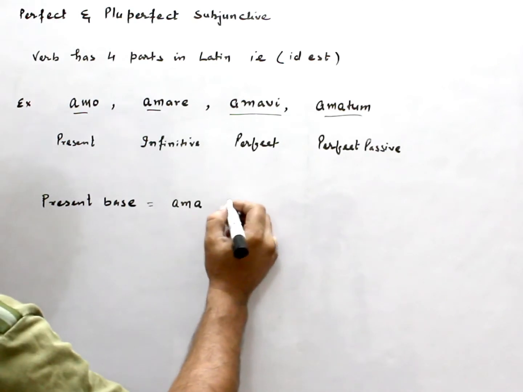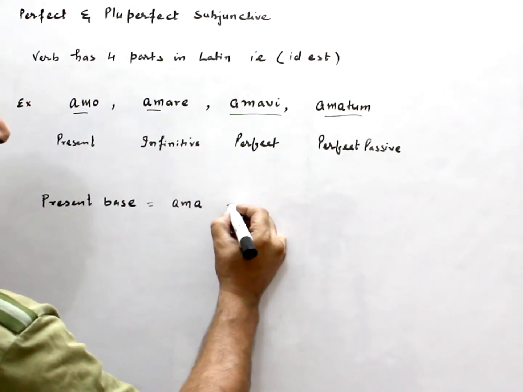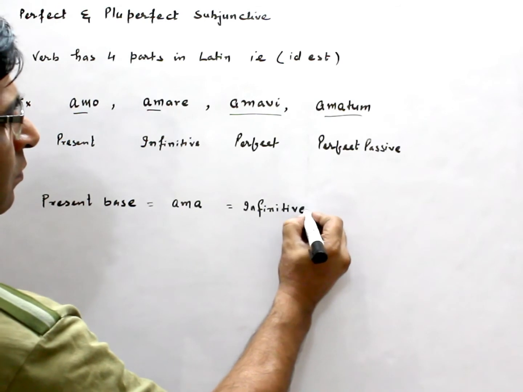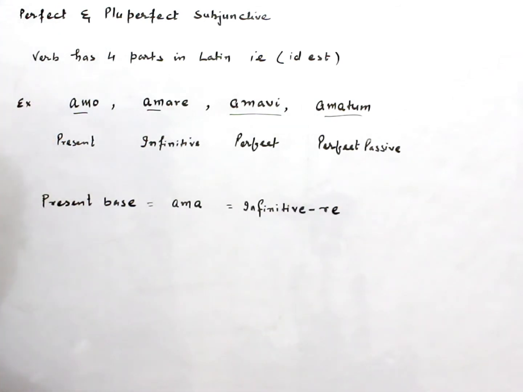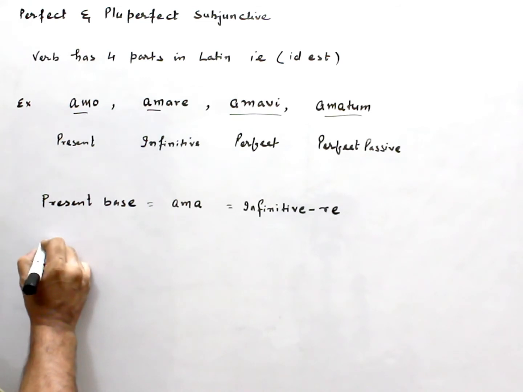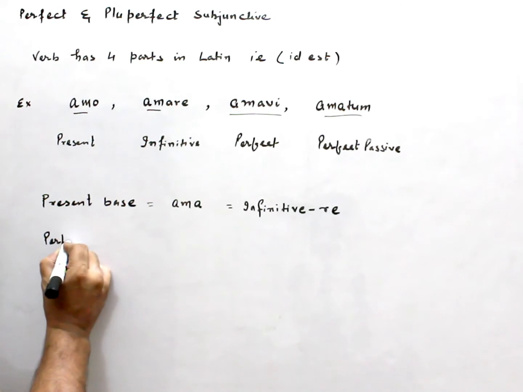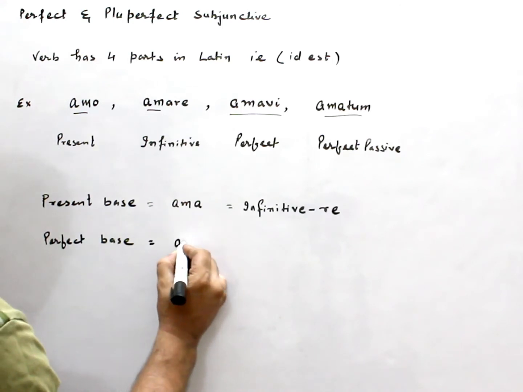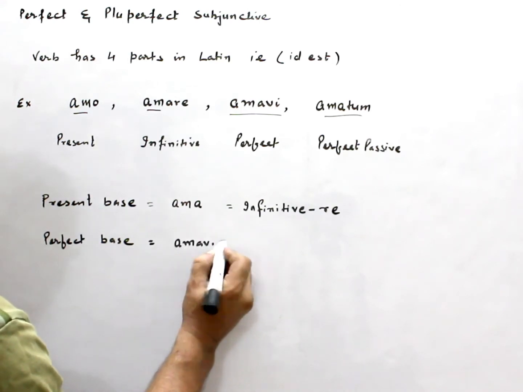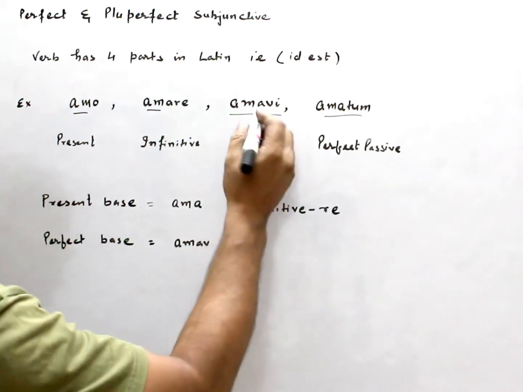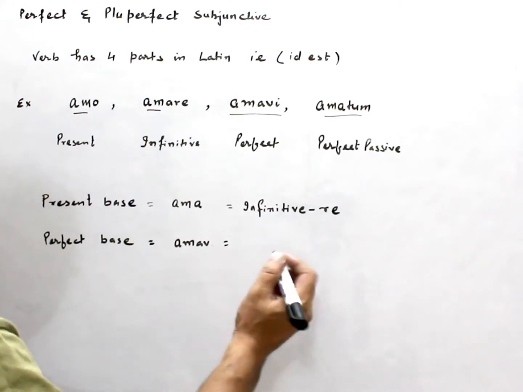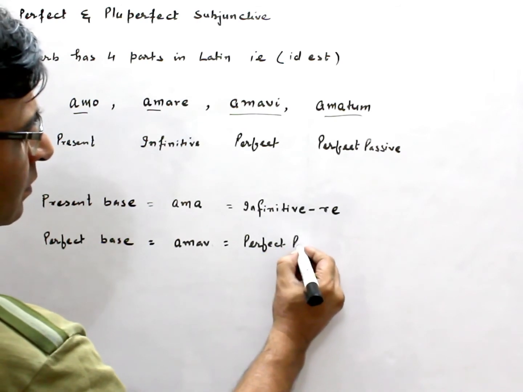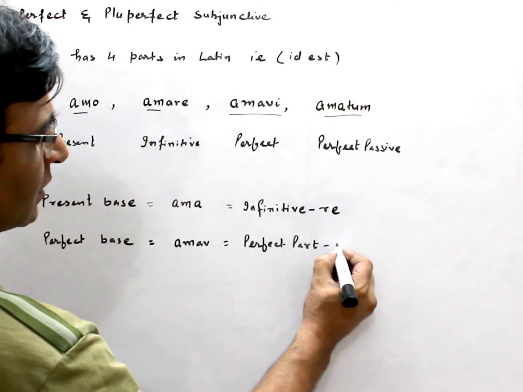That means this comes from the infinitive minus re, and the perfect base is amav. Amav is from the perfect part minus i.